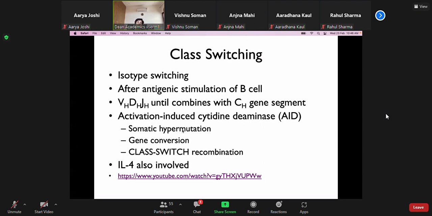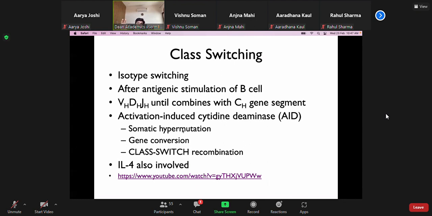In many situations, for example, at mucosal infection, you require IgA, which, if produced by your B cells, can pass through this process from the mucosa to the mucosal sites, and then try to neutralize the pathogen or whatever the antigen that you have there.